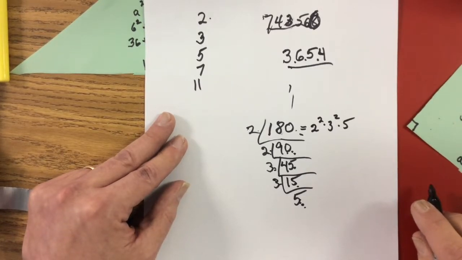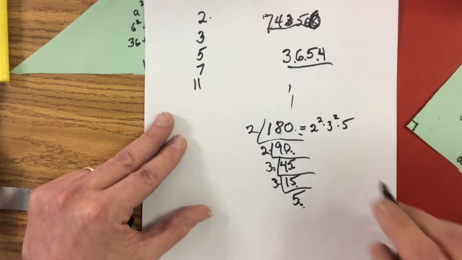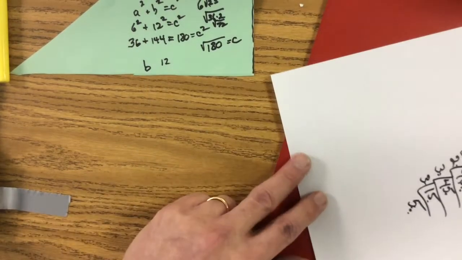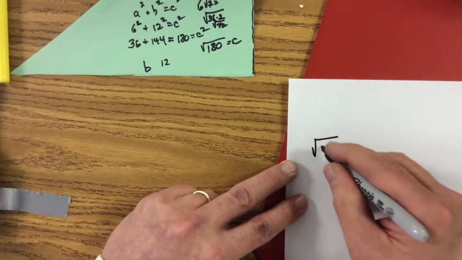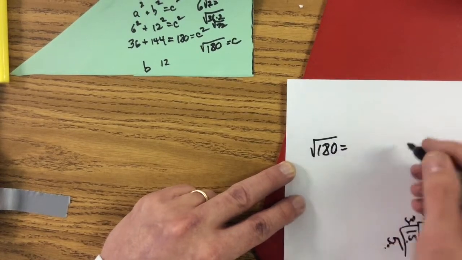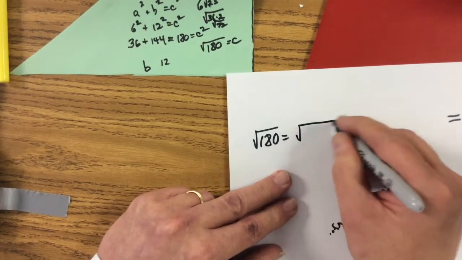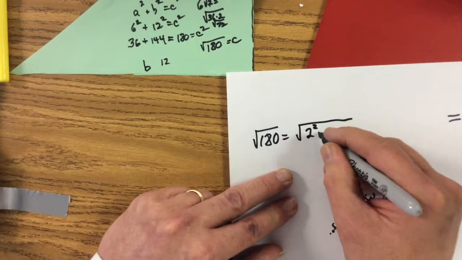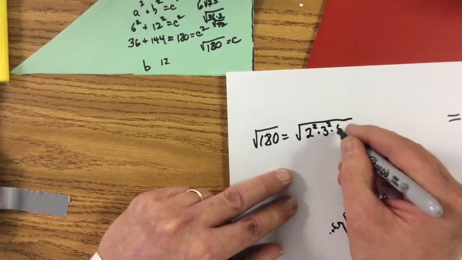Okay? Now, if I want the square root of 180, well, we just said 180 is equal to 2 squared times 3 squared times 5.